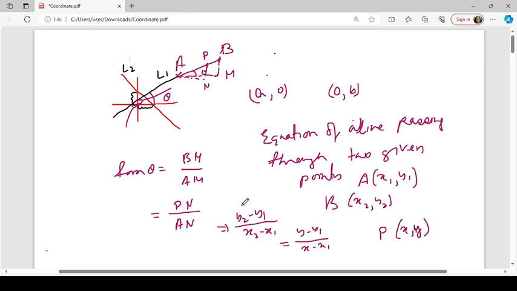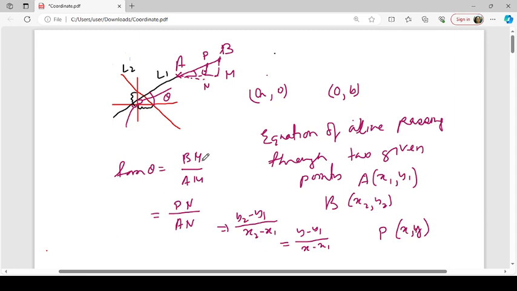Because x1, y1, x2, y2 are known values, we get a first degree equation in x and y.